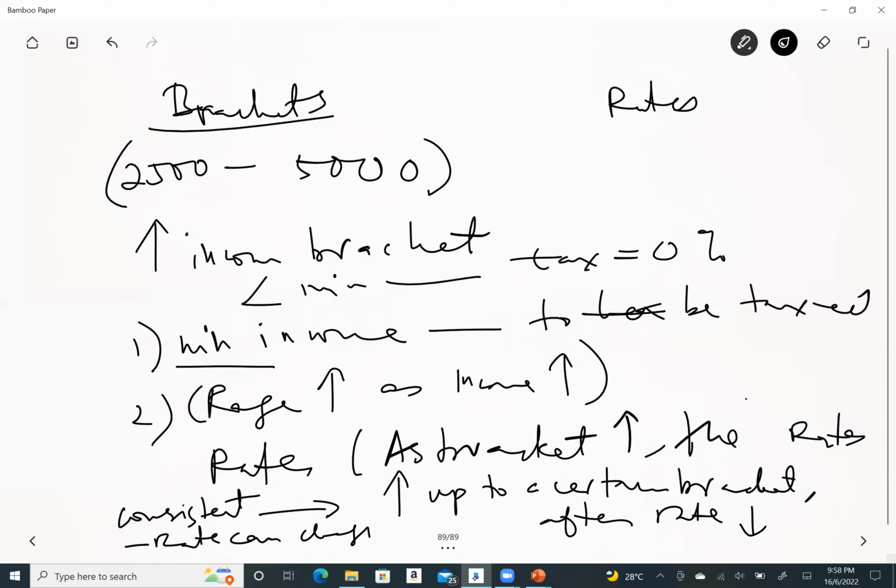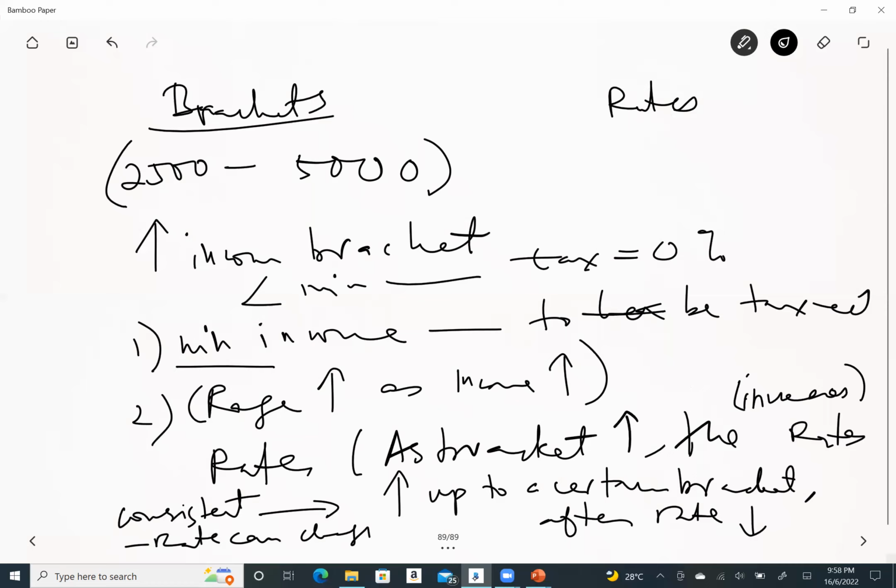So the rate increases, or you can say the increases. The increases in the rate increases up to a certain point.